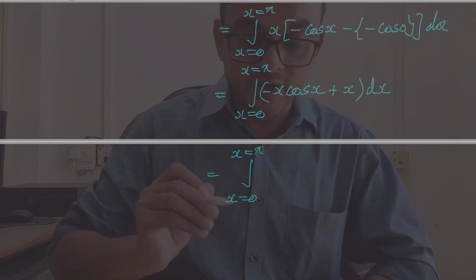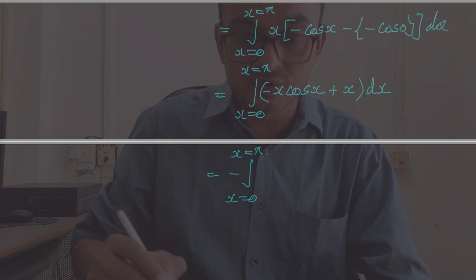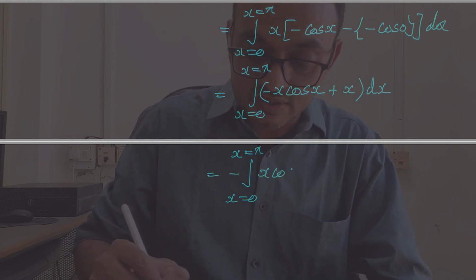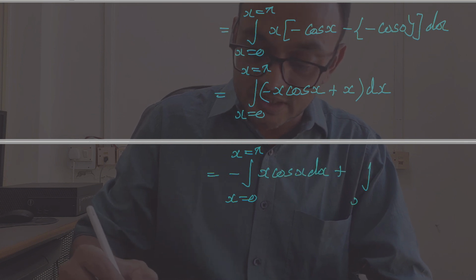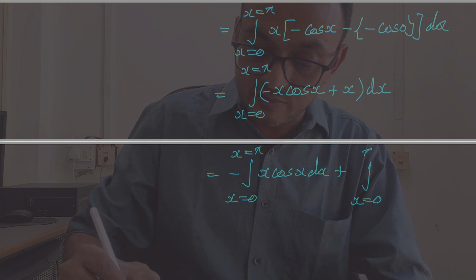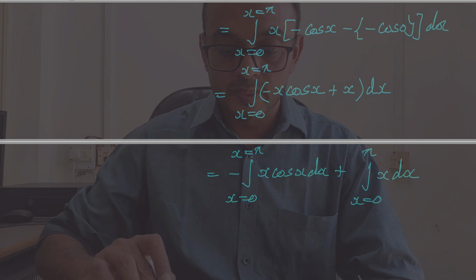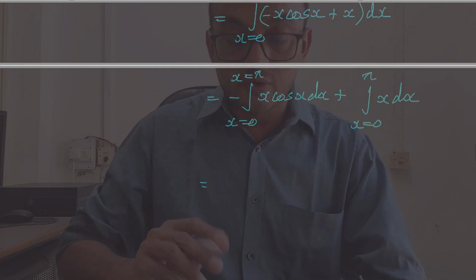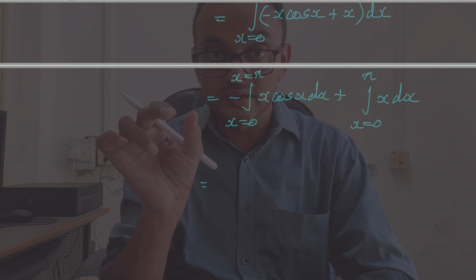Okay. So how do we integrate this quantity? This minus sign, let us keep it outside. This is x cos x dx and plus integration x is equal to 0 to pi x dx. Now here the second integral x dx, you know how to integrate it. This is very simple.